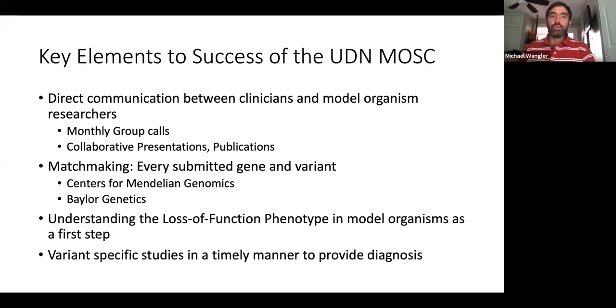So we use the resources that I mentioned in the beginning of the talk at Baylor to try to leverage that. And then we try to understand the loss of function phenotype in models as a first step. But it's these variant specific studies that help us, in most cases, get to a diagnosis.